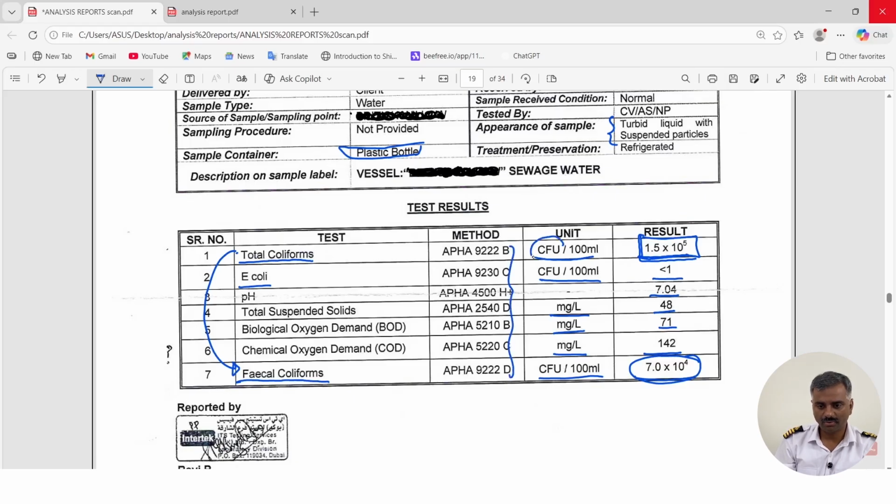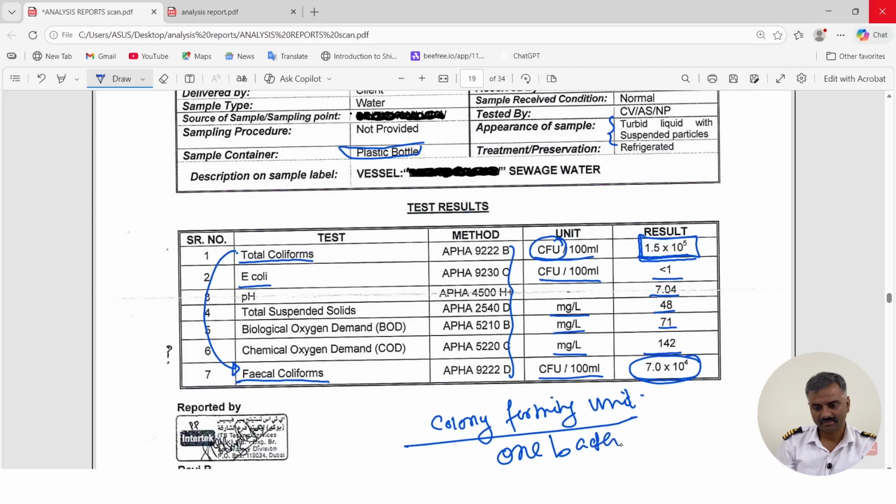Okay, what is a colony forming unit? A colony forming unit is one bacteria which is capable of forming a colony.